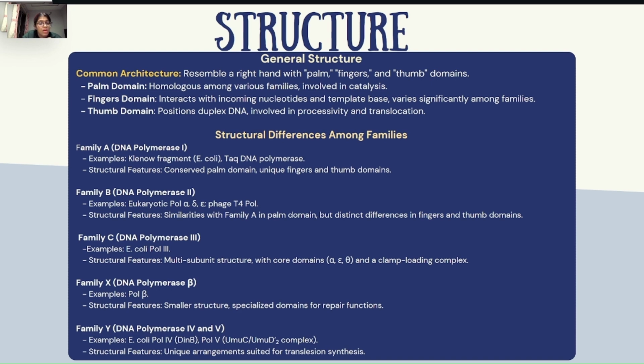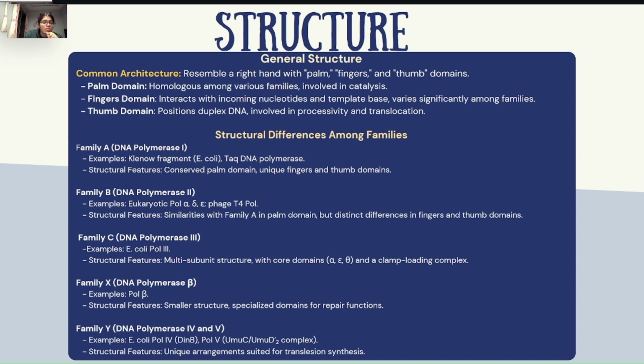finger domains. Talking about family C, which can be seen in E. coli polymerase 3, there's a multi subunit structure with a core domain of alpha, beta, and a clamp loading complex. Further, family X, polymerase beta is an example of it.